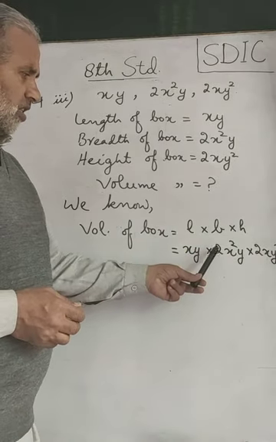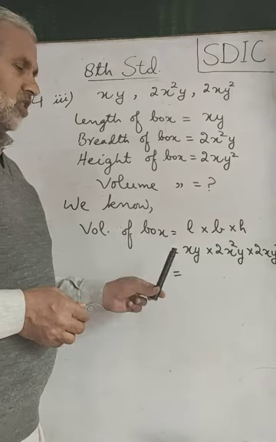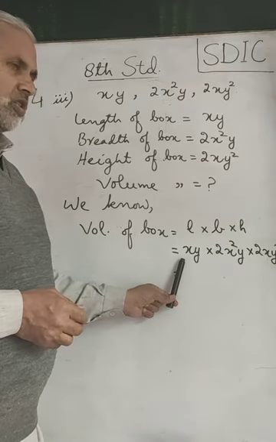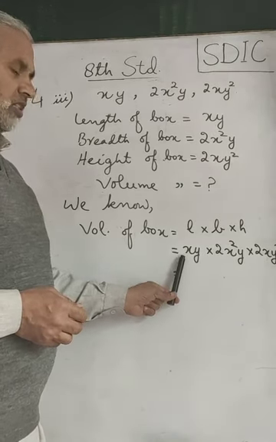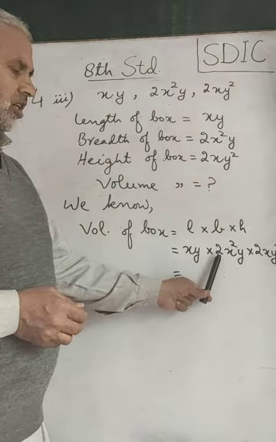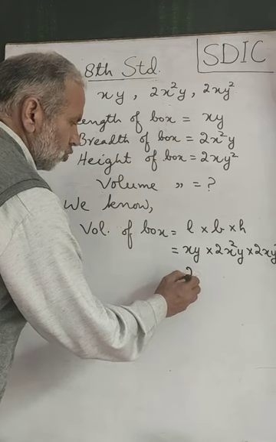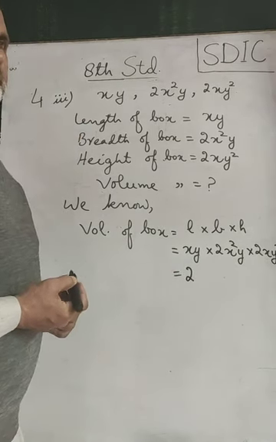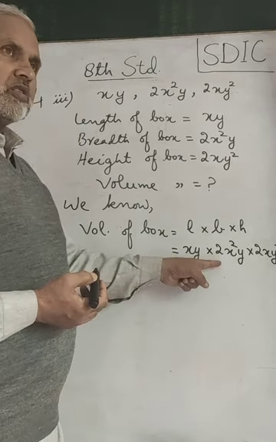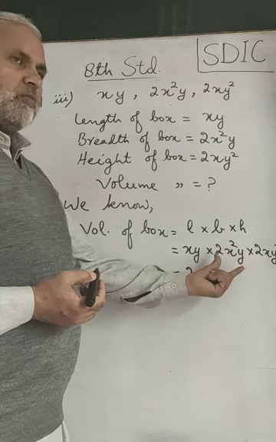And when you multiply these, first what will you multiply? Coefficients of the two. What is the coefficient here? It is 1. Nothing is written, so 1. Here it is 2. The product of these two coefficients will be 2, 1 twos are 2. We multiplied their coefficients. Now variable parts will be multiplied.